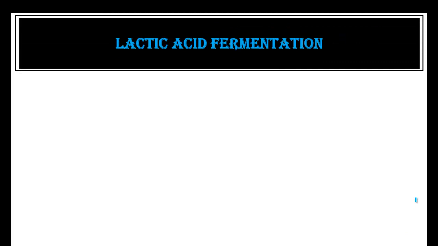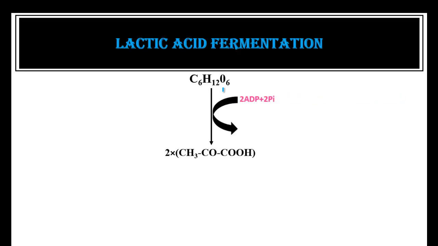So what will happen is our famous molecule, glucose, is going to enter the cytosol of the cell, where it's going to be broken down into 2 pyruvic acid molecules. In addition, we will have the production of 2 ATP molecules and also the reduction of NAD+ into NADH + H+.